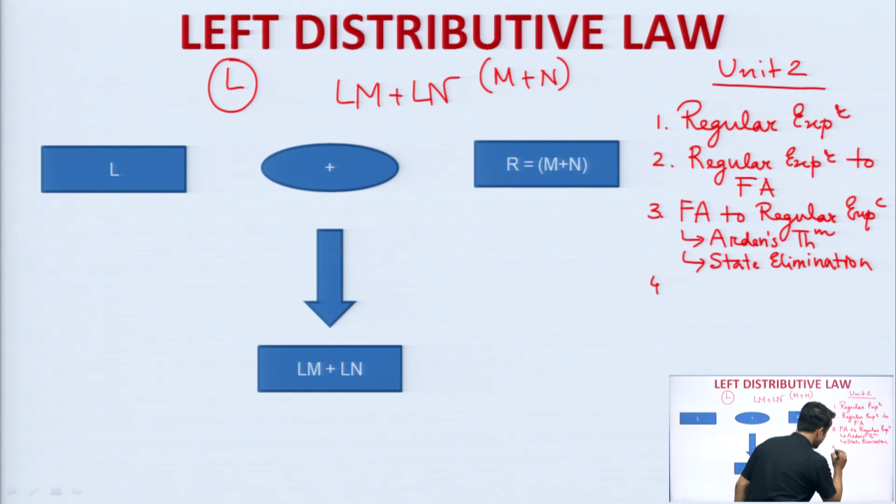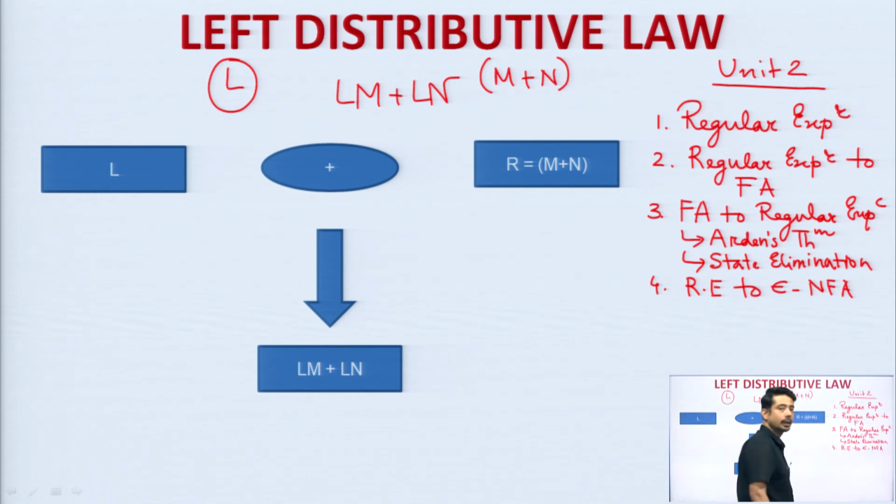Then we have seen one more concept, that is regular expression to epsilon NFA. Okay. For epsilon NFA, I have told you that we will be using the concept of Thomson's algorithm, okay, McNaughton-Yamada-Thomson's algorithm. So, with the help of it you can convert a regular expression to epsilon NFA, correct.